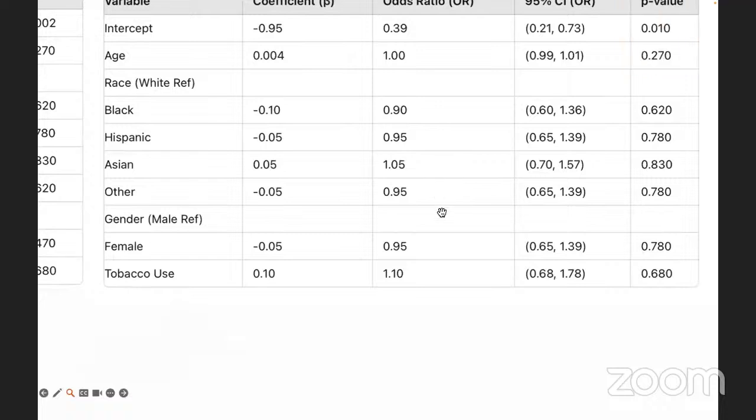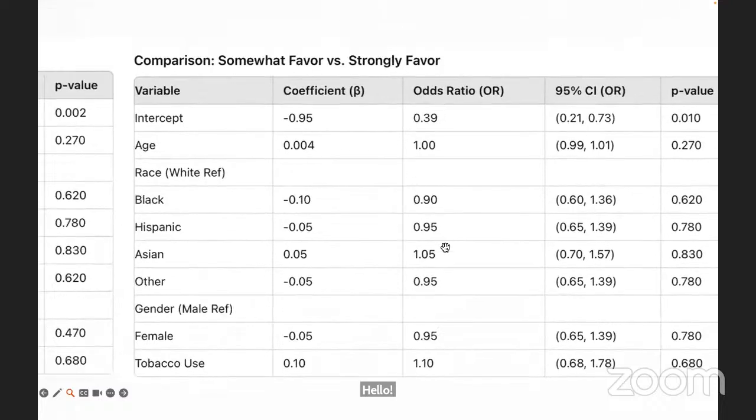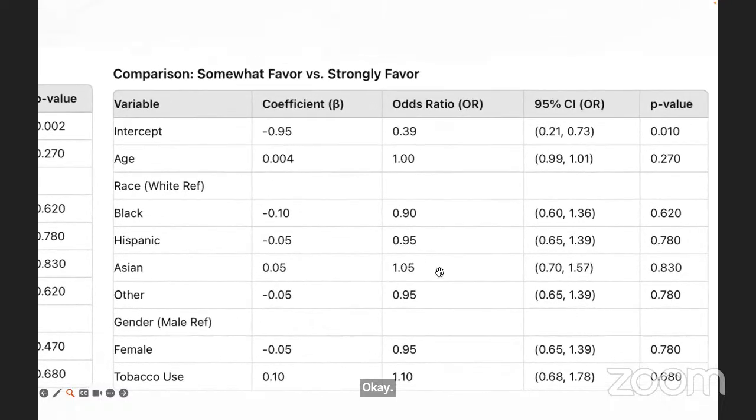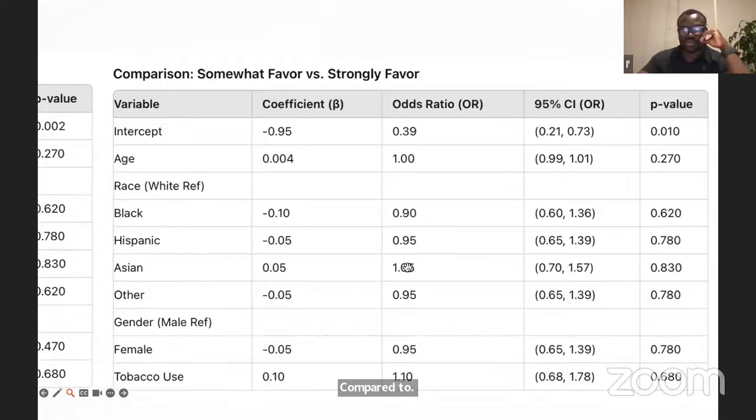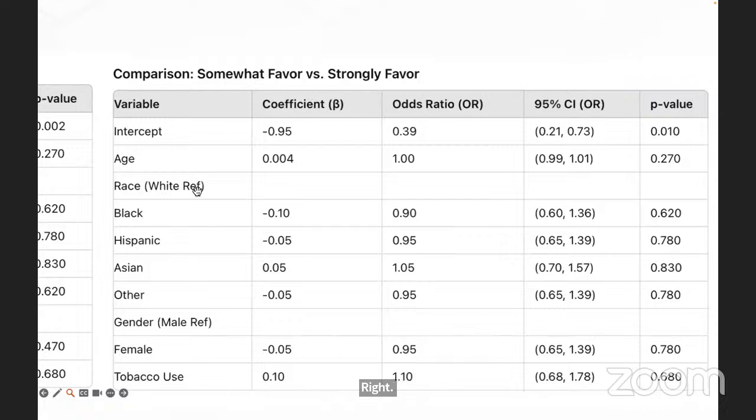From the result, Asians compared to whites have 1.05 times higher odds of somewhat favoring menthol ban versus strongly favor.